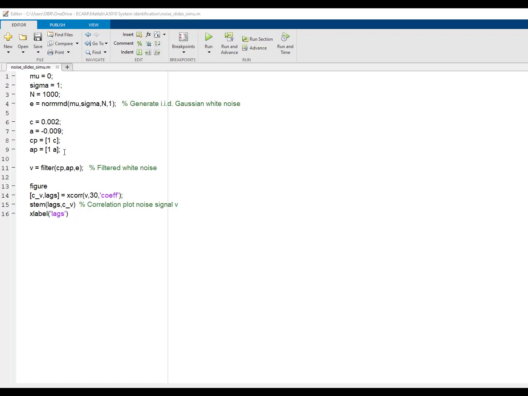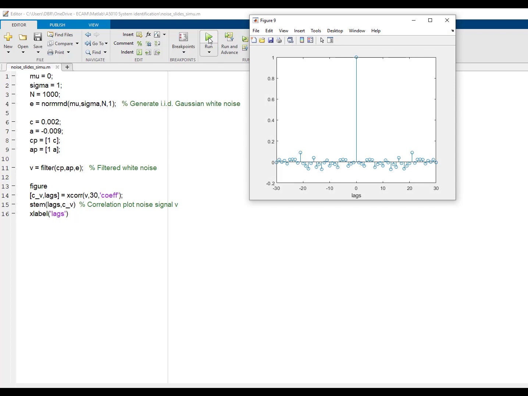So v(t) and e(t) are approximately equal. So if we look at the autocorrelation, you would expect to see an autocorrelation that corresponds to white noise, which is 0 everywhere except at tau equal to 0. And this is indeed what you see.